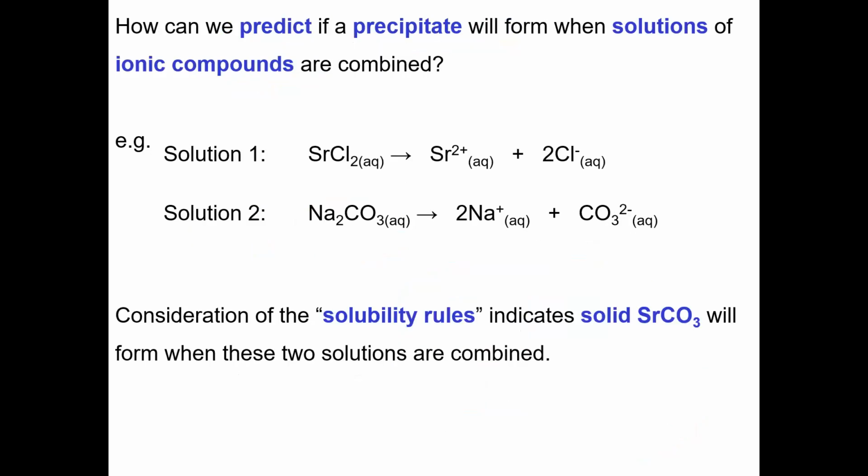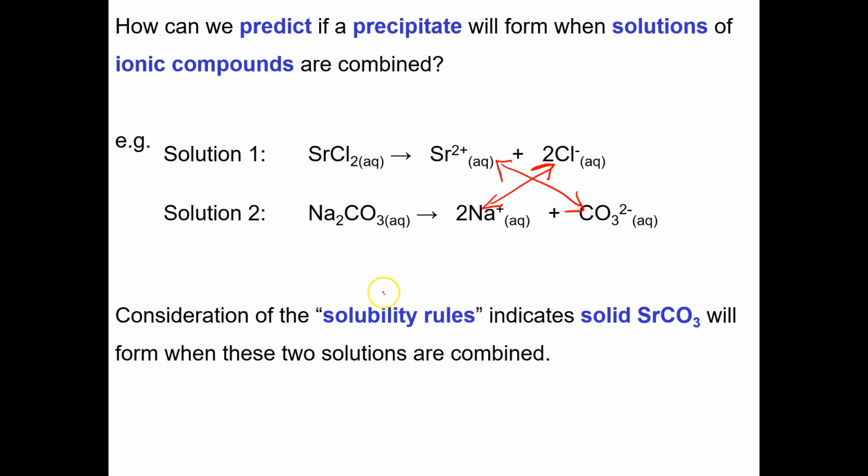So how can we predict if a precipitate will form when these solutions are combined? Well, what we have to do is consider the new pairs of ions that can form because these have been combined. In particular, we have to compare what happens when strontium ions combine with carbonate ions and what's going to happen when sodium ions combine with chloride ions.